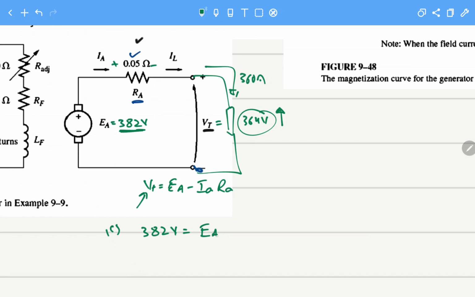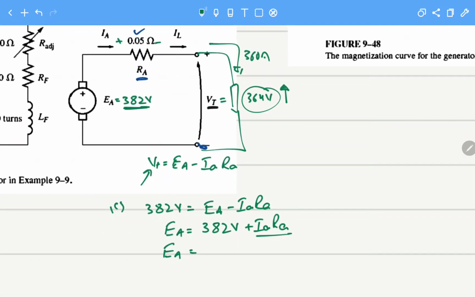That is the question. So minus Ia Ra. What I want is the new voltage that should be inside the generator. So at the terminals I can get 382 volts. And if I add the Ia Ra drop, which we know is 360 into 0.05, the voltage will turn out to be 400 volts.